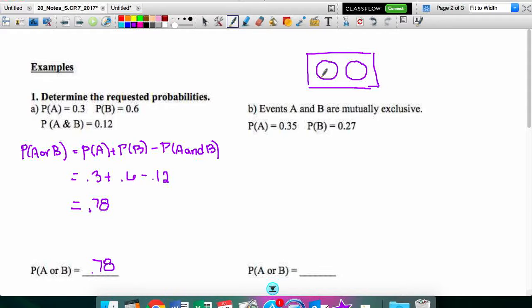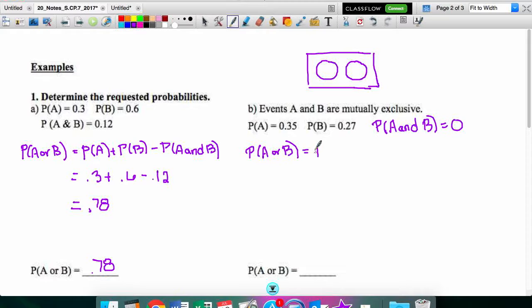So the question is, what is the probability of A and B then? Well, the probability of A and B for mutually exclusive events would be 0 because there is no overlap. There is no intersection between two mutually exclusive events. So knowing this, we can calculate the probability of A or B by using the formula.